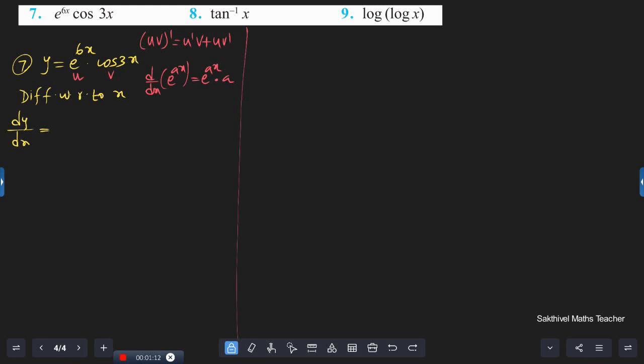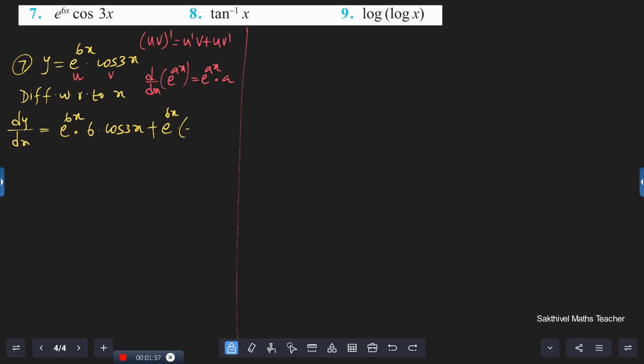In uv, first u dash: derivative of e power 6x is e power 6x into 6, as it is. Now v means cos 3x, let it be as it is, plus u v dash: u means e power 6x, write as it is, into v dash; cos 3x we have to differentiate.